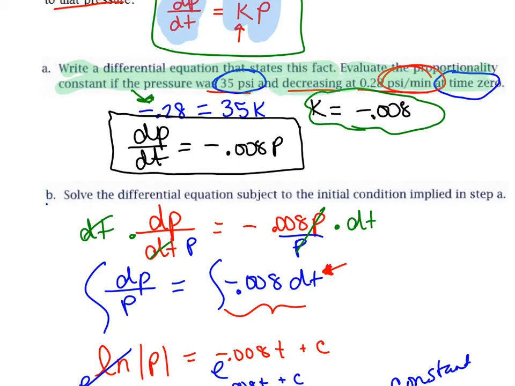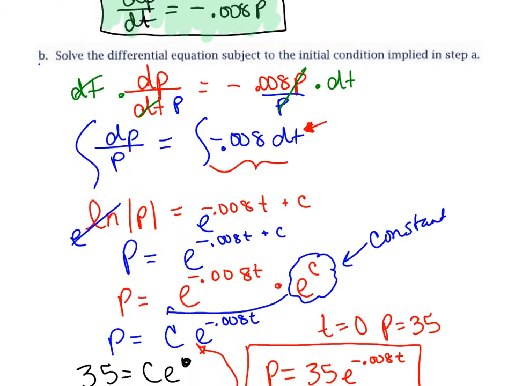So for the dP, we're going to plug in the negative 0.28, and where it was P, that's where we put in the 35 psi. When you solve it out, your k will equal negative 0.08, and you plug that into this original function you wrote down, and we now have our differential equation, and we can now probably solve it. It's probably the next step.